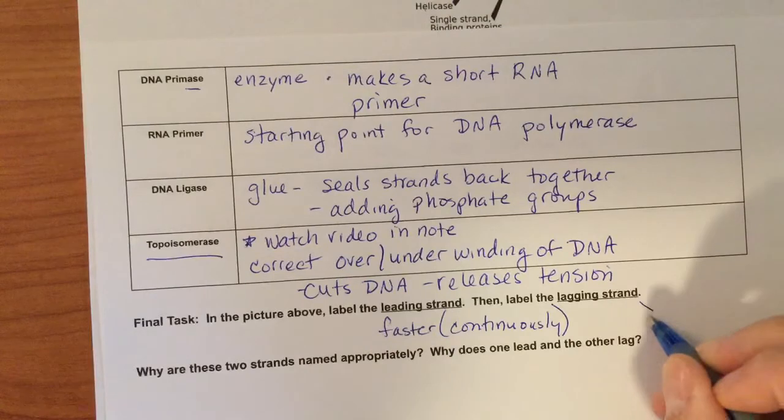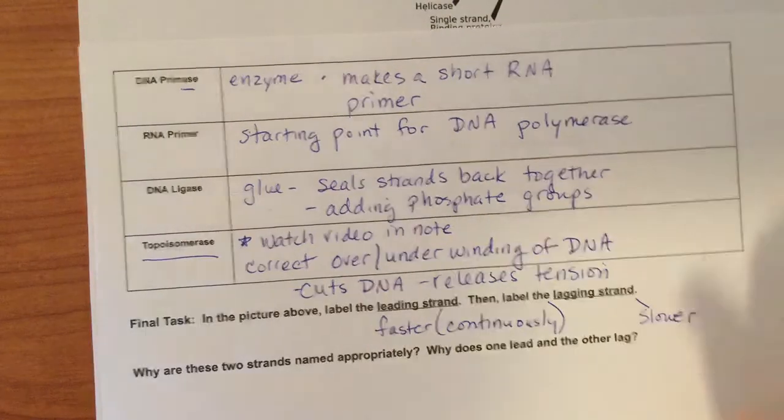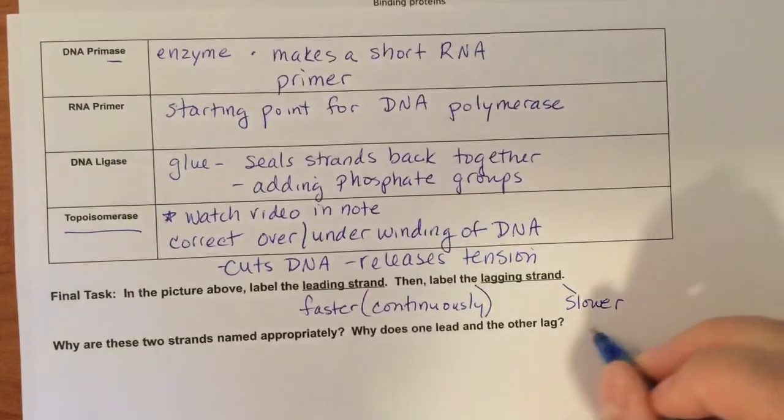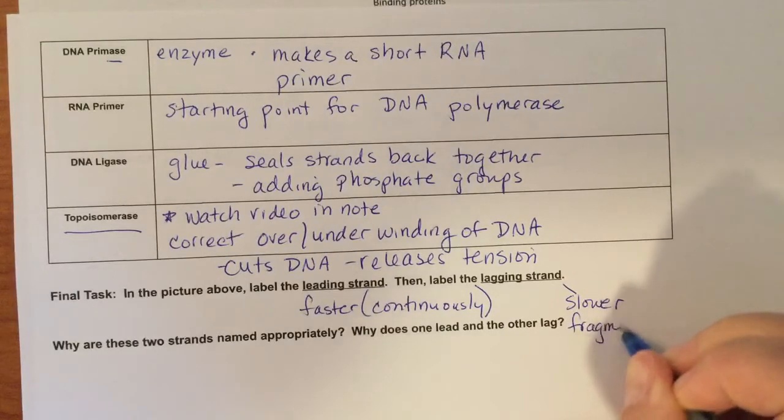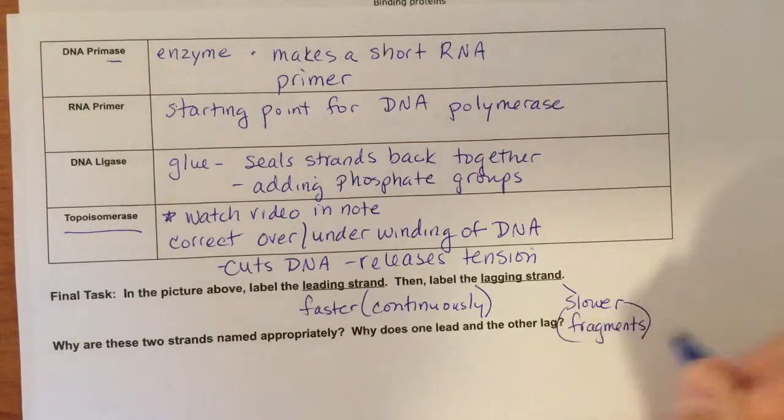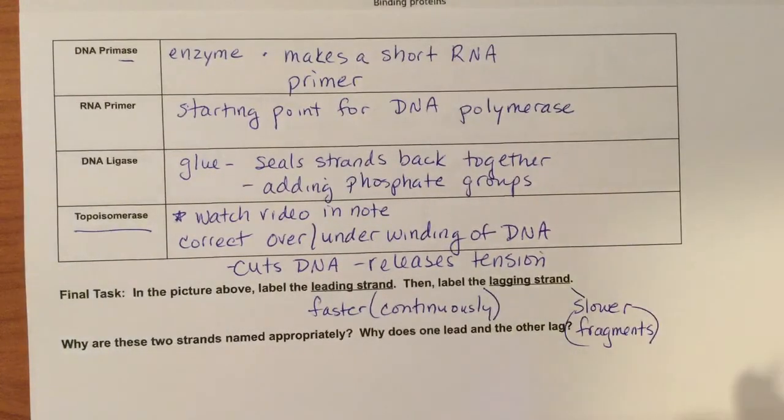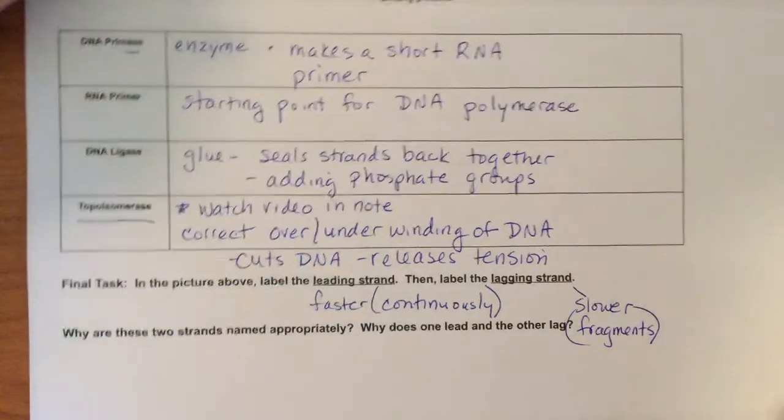The lagging strand is going to be a slower synthesis, and the reason it's slower is because it's fragmented. Because DNA polymerase only moves in one particular direction, and the two sides of the double helix are not moving in the same direction, they're anti-parallel, only one side is going to get the action fast enough.